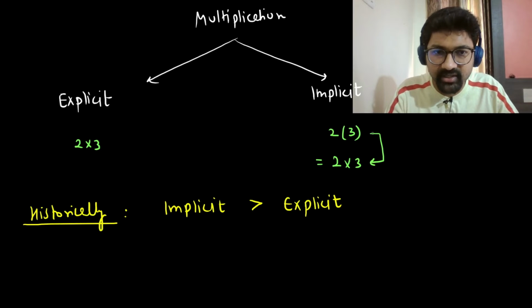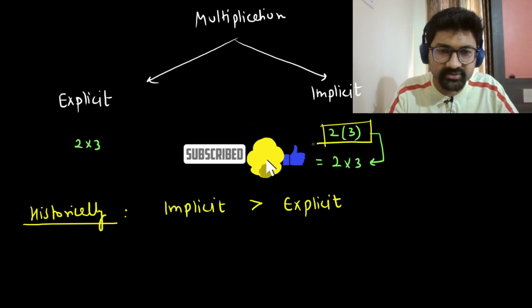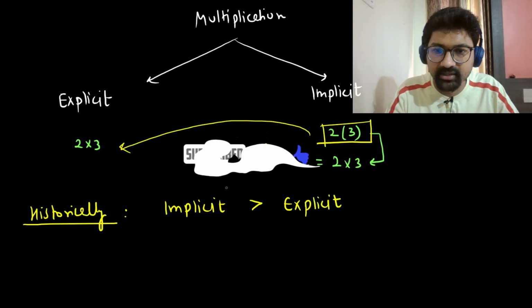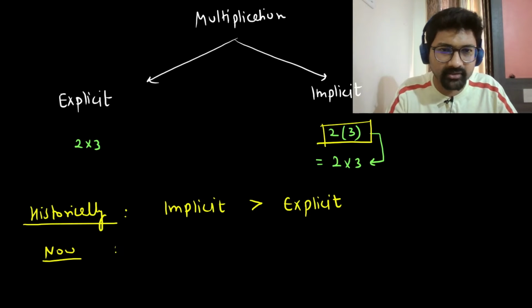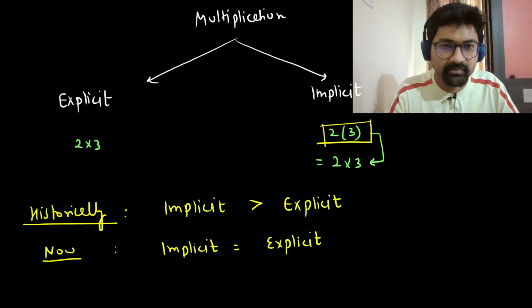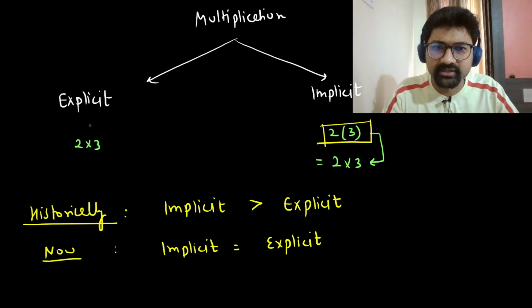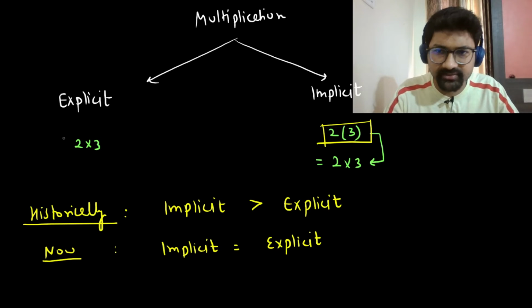So if you have something like this, you have to do this expression first, followed by this one. But at present, that historic convention has been lost, and now we treat implicit and explicit multiplication to be on the same level, and that is the reason why the calculators are showing different answers.